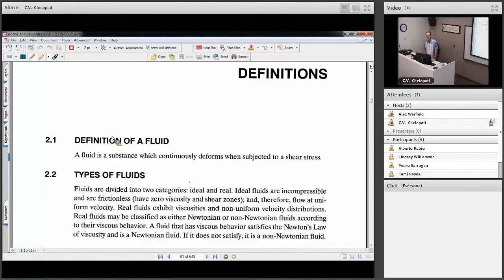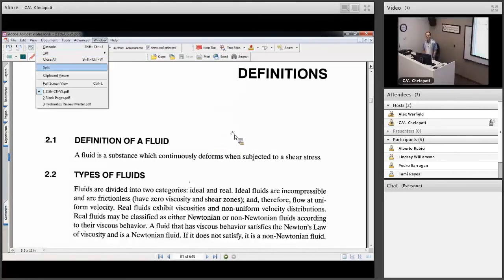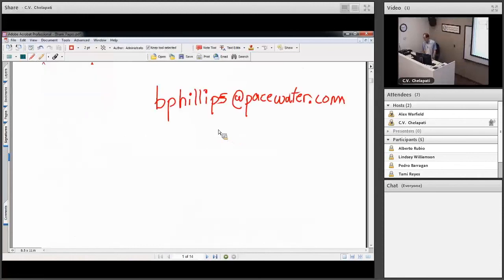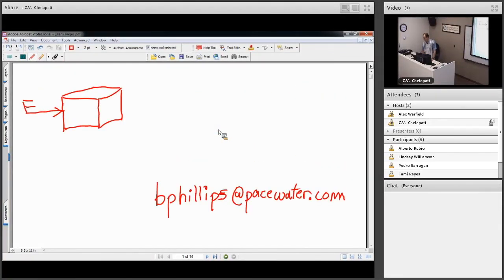Whereas if this was a solid, there'd be a strain on it, but it wouldn't deform necessarily. So assuming that this is a fluid, it deforms and starts moving.